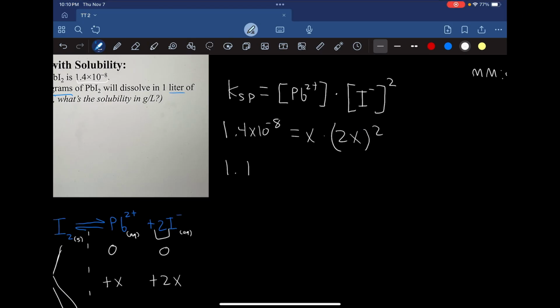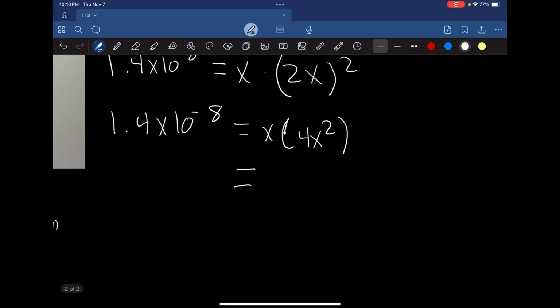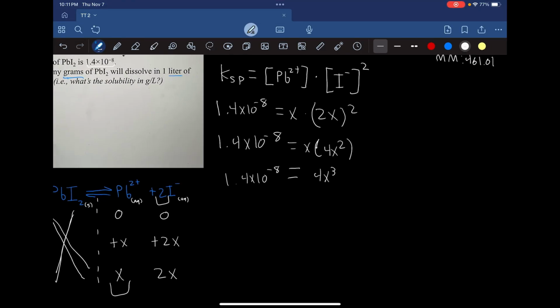So 1.4 times 10 to the negative 8 is equal to x times 4x squared, which is then equal to 4x cubed. So now we can solve.